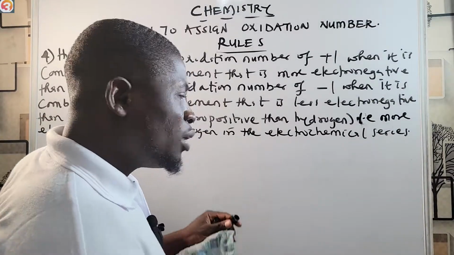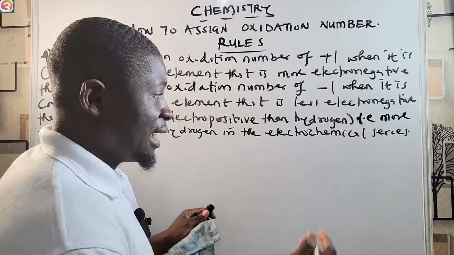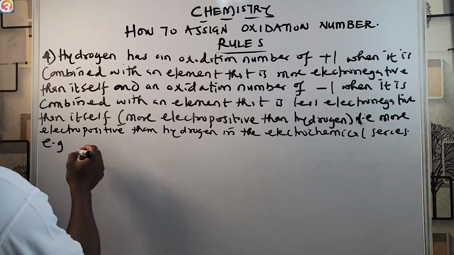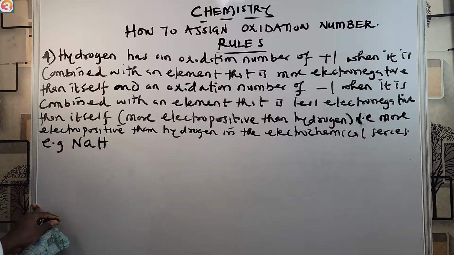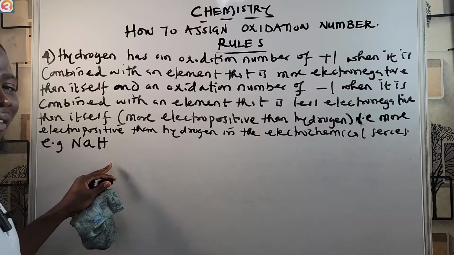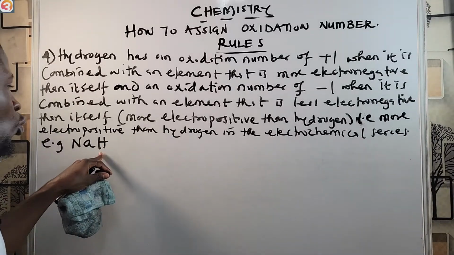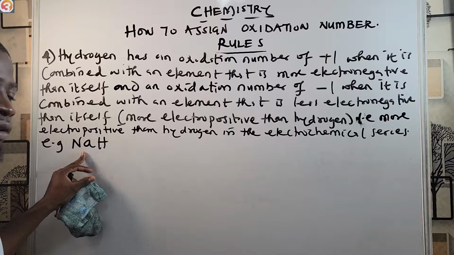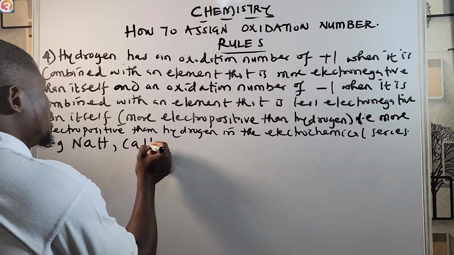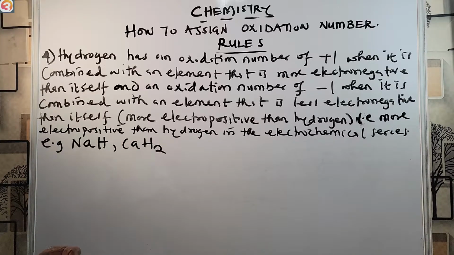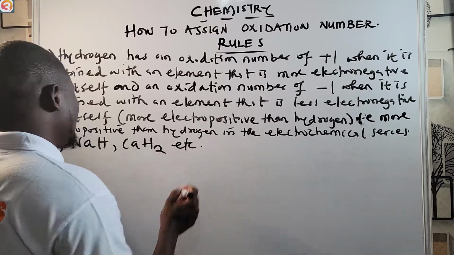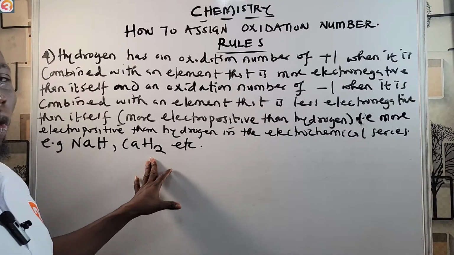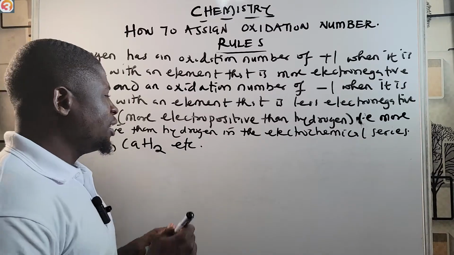Sodium, even calcium, is more electropositive than hydrogen. So, for example, let's say sodium combines with hydrogen in sodium hydride. Hydrogen has an oxidation number of -1 in this kind of compound because it is combining with an element that is more electropositive than it. Another example is CaH2, calcium hydride. In these compounds, hydrogen will have an oxidation number of -1.